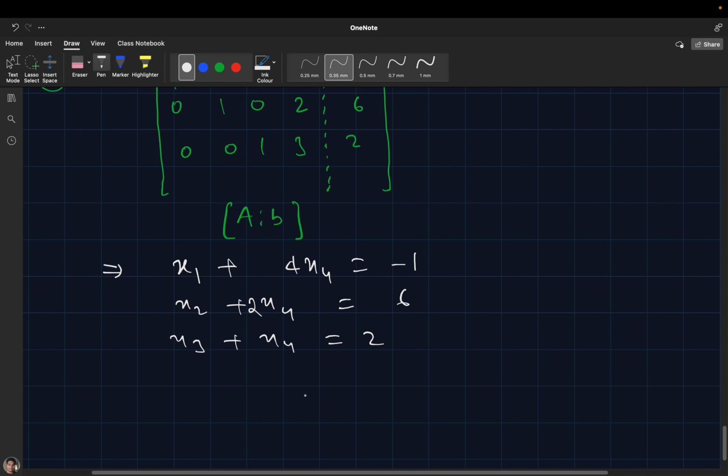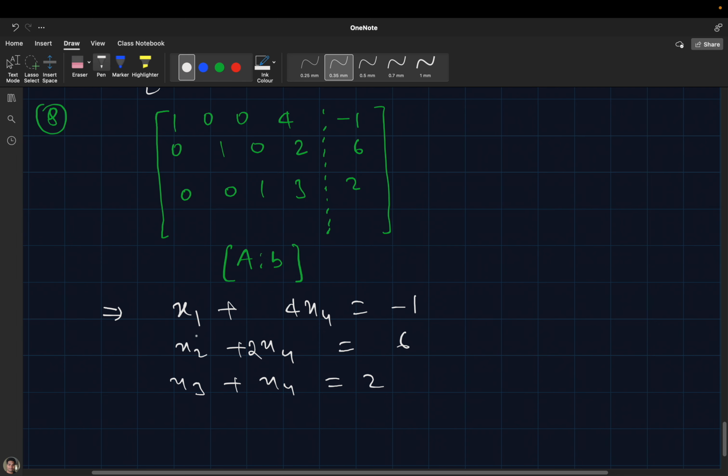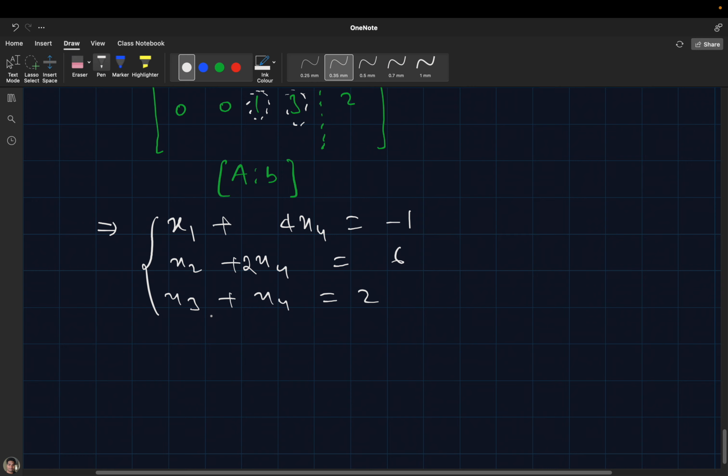Now you will see the benefit. Here you can see that in that particular leading row, the coefficient that is 1 is exactly the variable, and the other elements of the matrix like 4, 2 and 1 are such that you can assume these as a dummy variable.